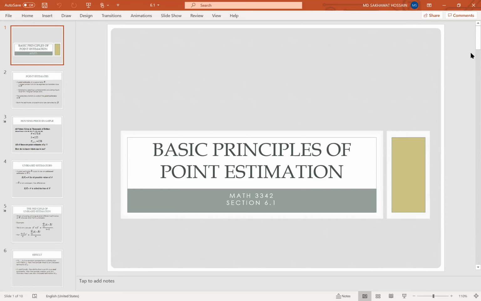Estimation means we do not know the exact value of the parameter. So could you please give me the name of two parameters? What are the parameters?